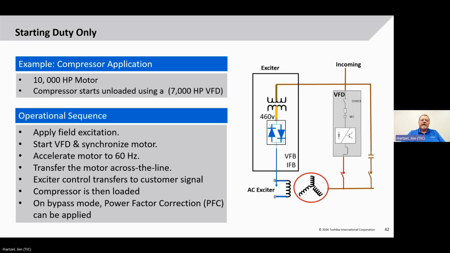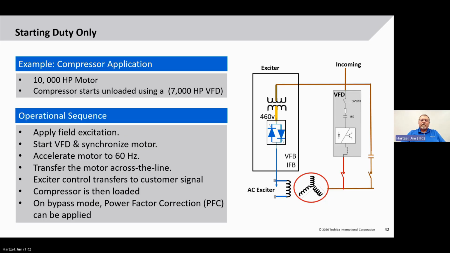That compressor is starting unloaded, and it only requires maybe 7,000 horsepower to turn it. So what we do is we size it for a 7,000 horsepower VFD. We start the motor and bring it up to speed.